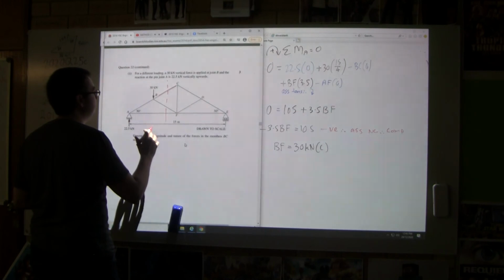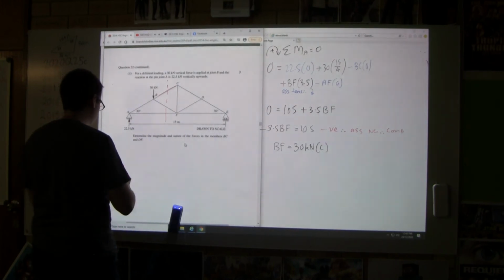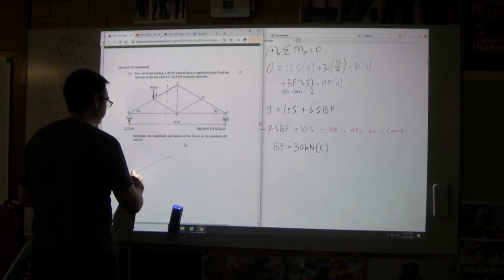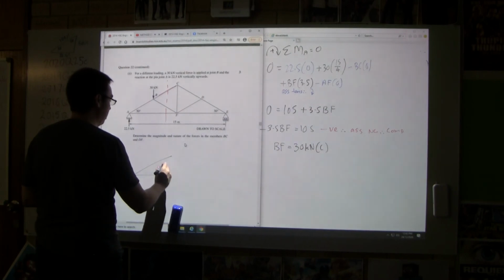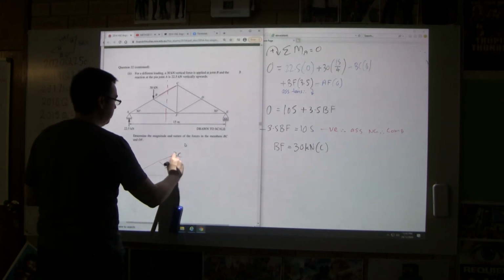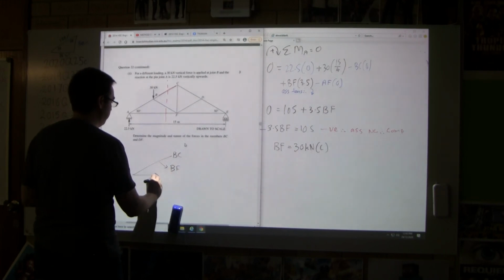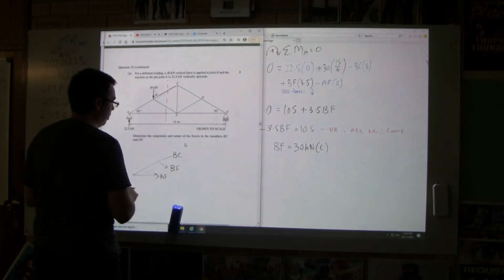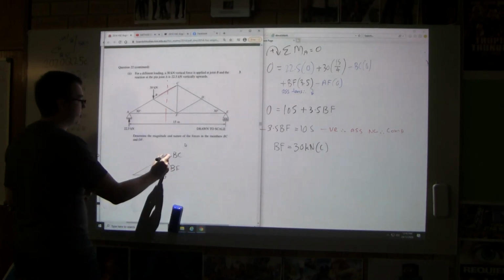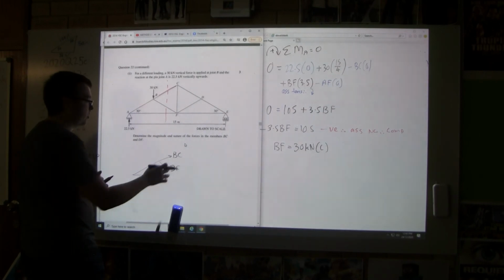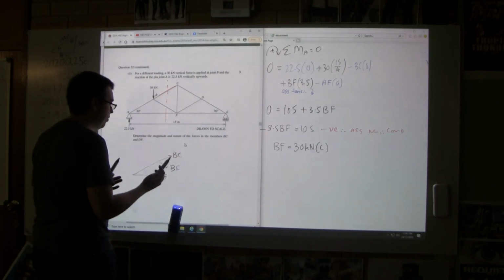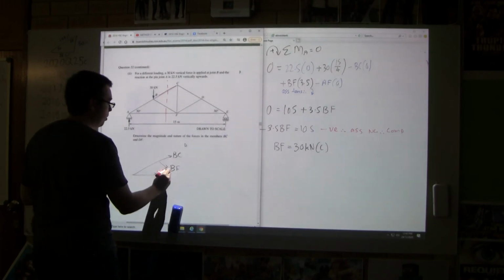Anyway, so let's have a look at, I'll just draw this diagram again. BC, BF, and AF. Okay, in this case here, how are we going to find BC? It's not lone wolf, because we've said already BC and BF, they both can take vertical components.